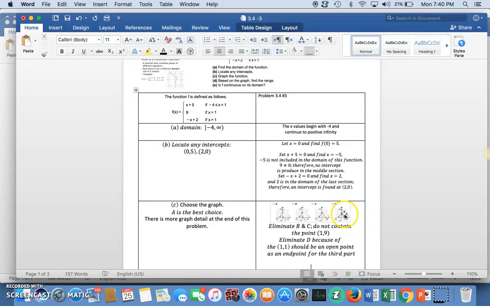It's there in A, but it's not there in D. So please be aware of all of that. A is your best choice.